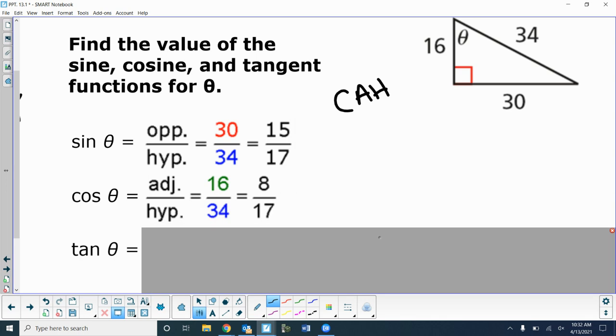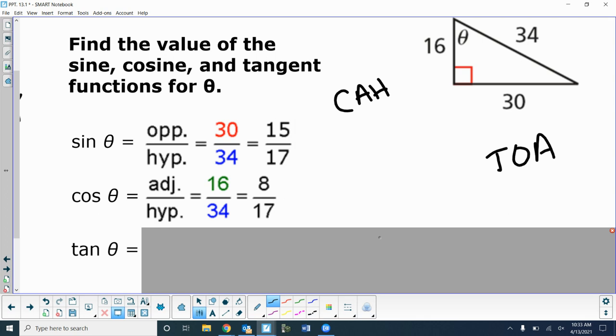Okay. Andrew, tangent. Opposite over adjacent. Yeah, so what's opposite? That is unacceptable. Here's the angle. Okay, wait, okay.